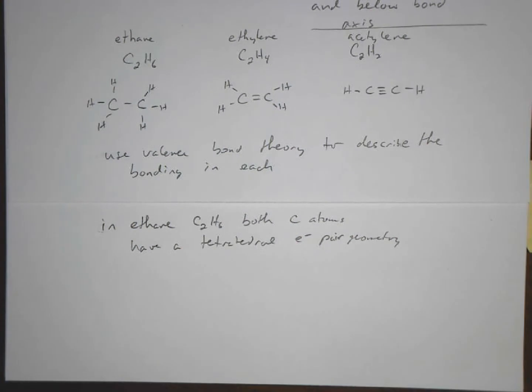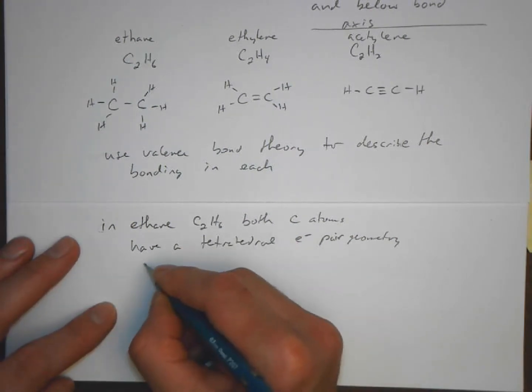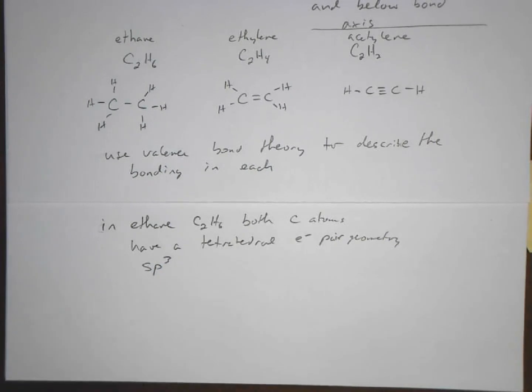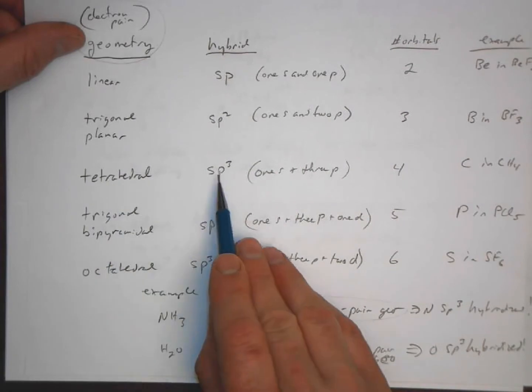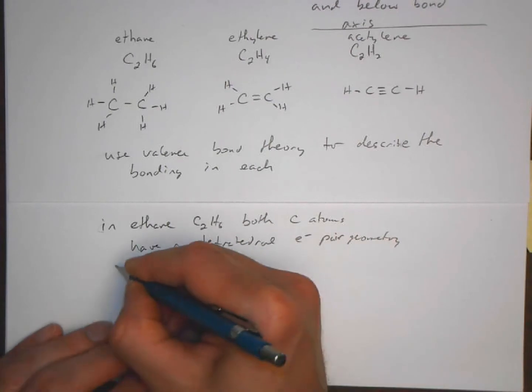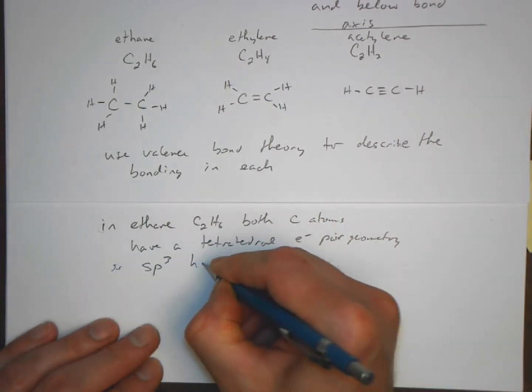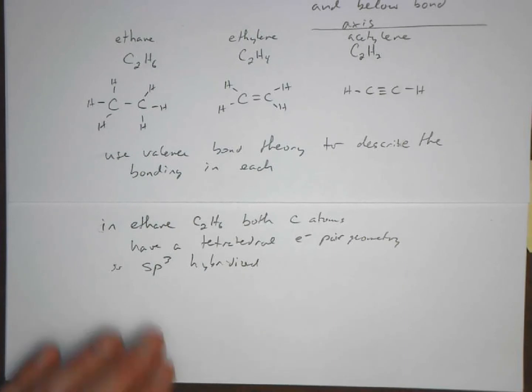And they all happen to be bonding electrons. What this means is that the carbon is sp3 hybridized. If we know the electron pair geometry, we know the hybridization of the central atom. So each carbon in this molecule is sp3 hybridized.